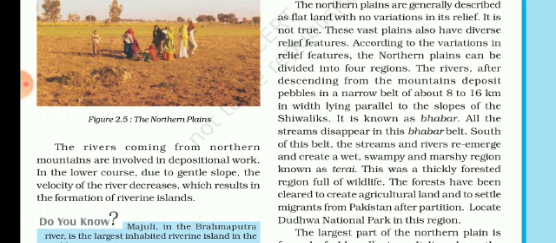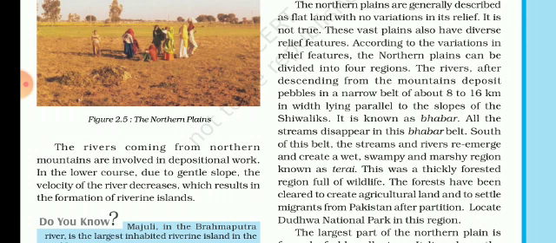Second is Tarai. South of Bhavar belt, the streams and rivers re-emerge and create a wet, swampy and marshy region known as Tarai.